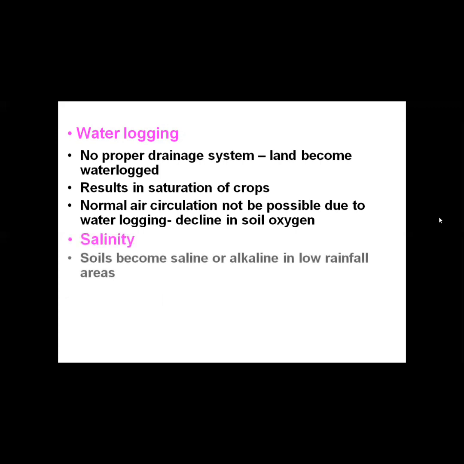Salinity. Soil becomes saline or alkaline, particularly in low rainfall areas. When seawater enters the lands, this soil also becomes saline. In low rainfall areas, as and when the temperature increases, evaporation of the water takes place, and along with this water, the salts which are dissolved in the soil water come to the upper layers of the soil, and it gives the formation of saline or alkaline soils.